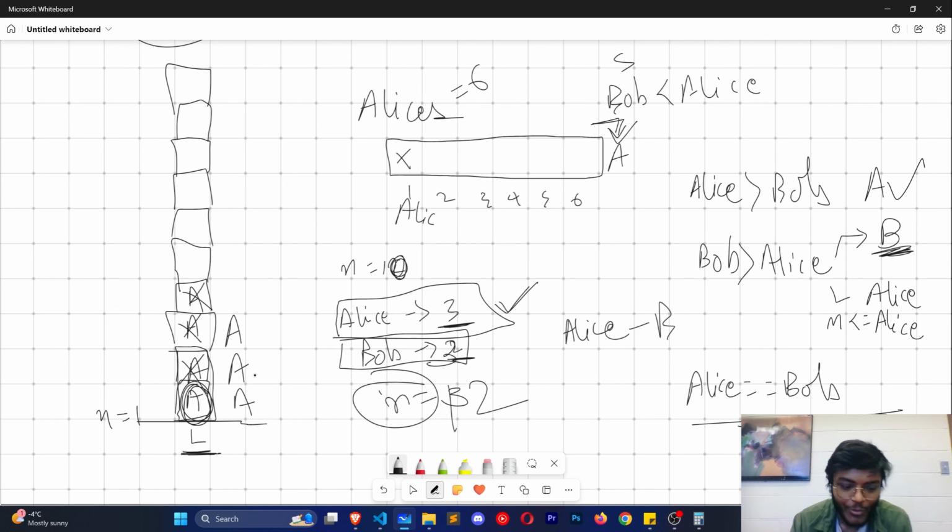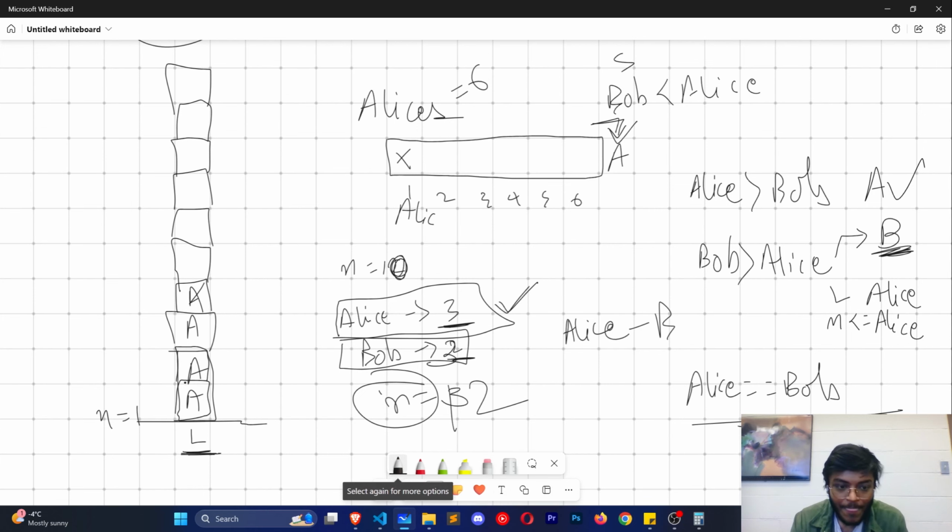So what is Bob doing? If Alice takes this, Bob will take all these 3 and force Alice to come to a losing position, right? So all these positions are winning positions. Why? Because any person, Alice or Bob, standing on these positions can force the other person to come to the losing position. So these are winning positions.